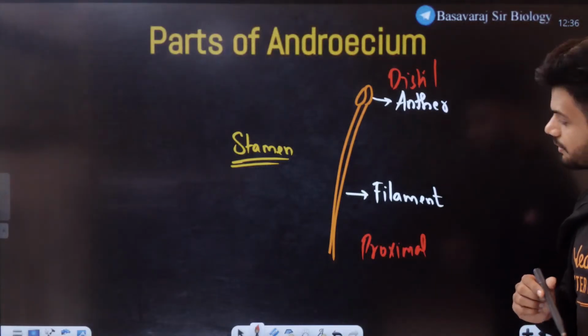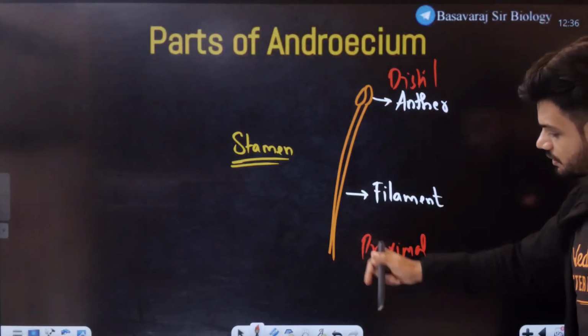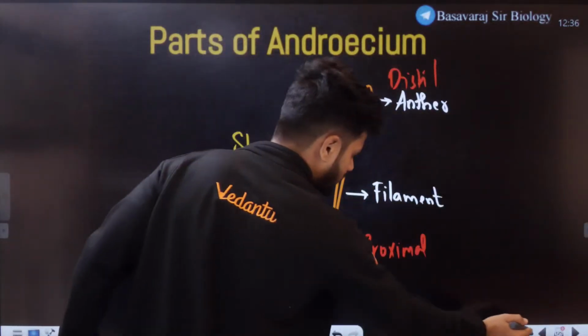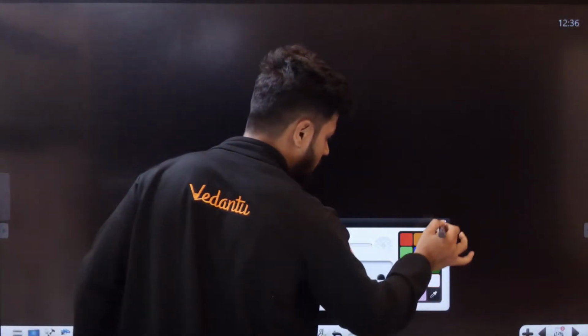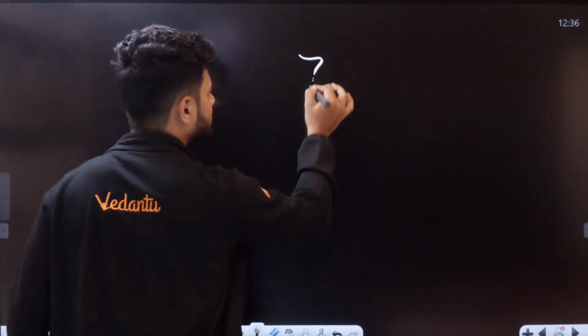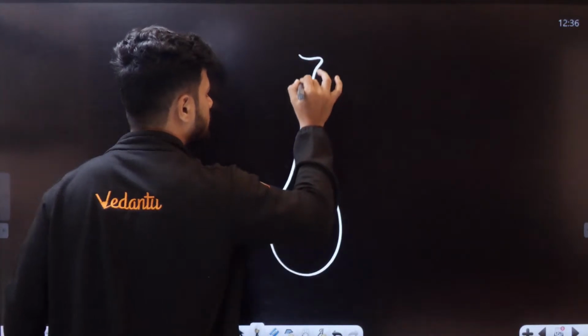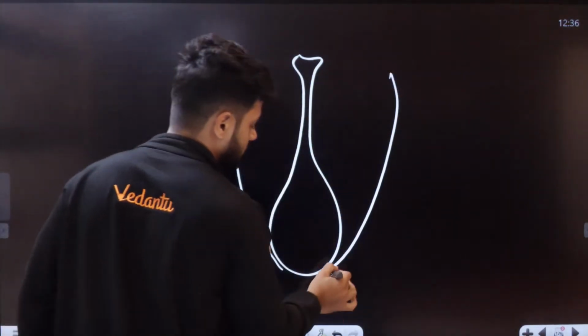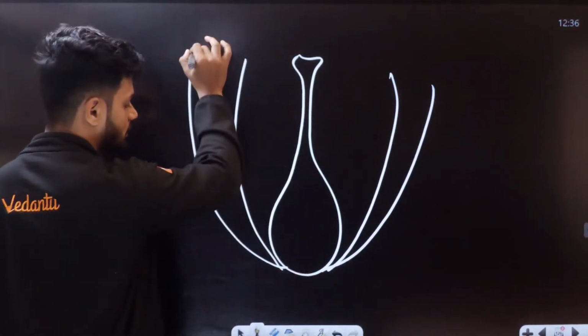This entire stamen at the bottom. I'll give you a small clue. This is the gynoecium. Here we have the anthers arising, the stamen.